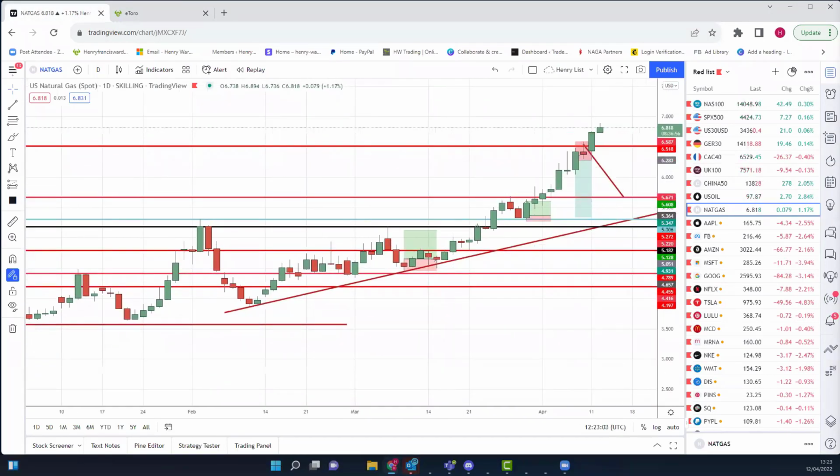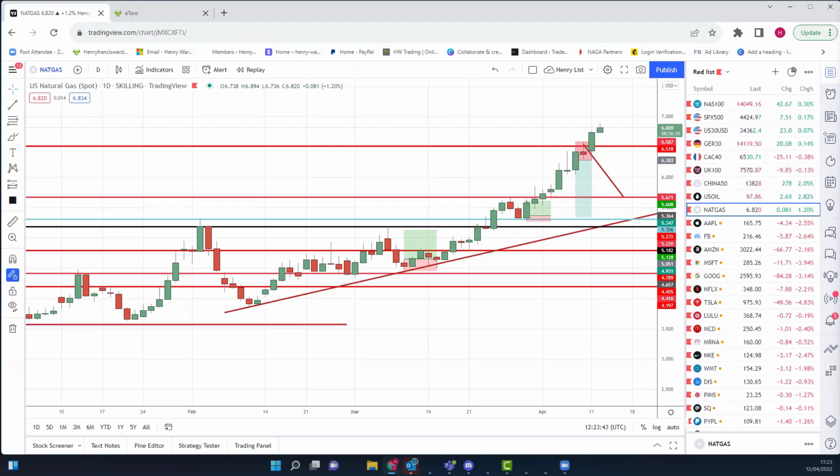Did anyone else take that trade? And did anyone get triggered in? Okay, so most people took it and they didn't get triggered in.